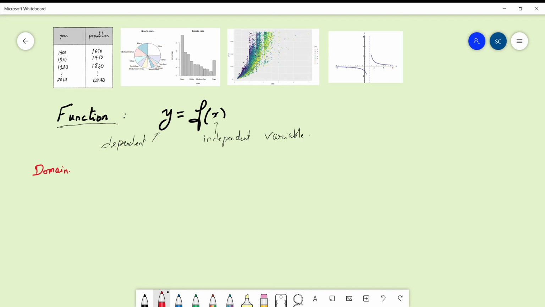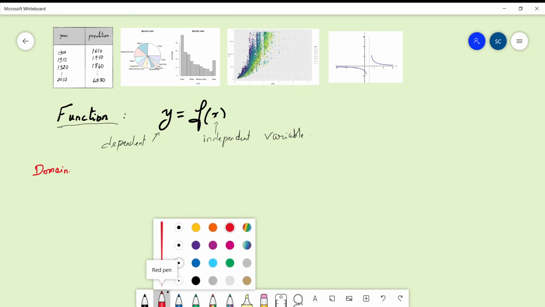So what is the domain? The domain is where my formula has meaning, when I can substitute a value for x and be able to compute f(x).